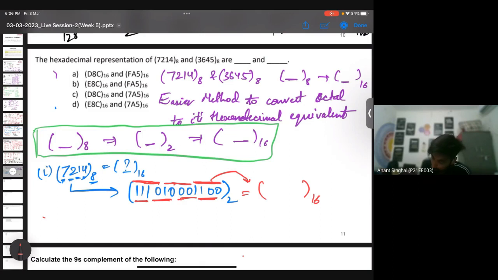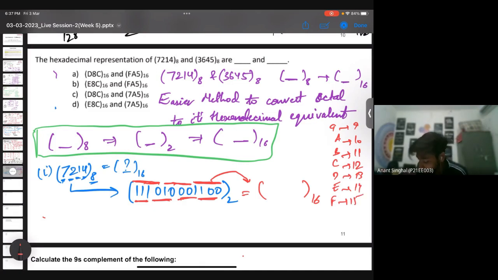So for the first case, it is 1100. Let me write for A, B, C, D: 9 we know is 9, but after that it is A, B, C, D, E, F. So A is 10, B is 11, C is 12, D is 13, E is 14, and F is 15.